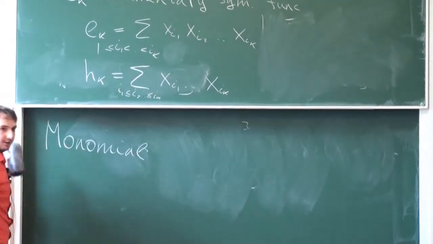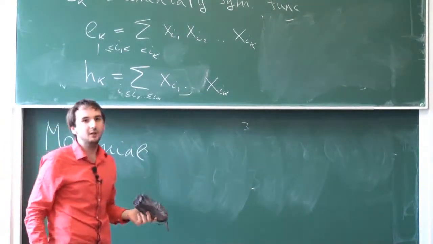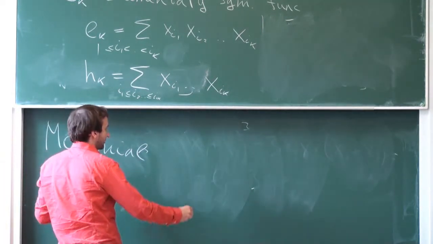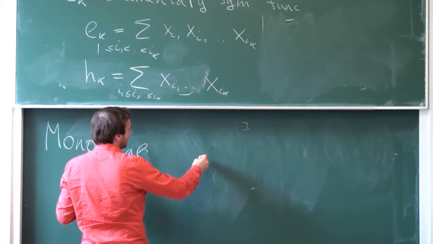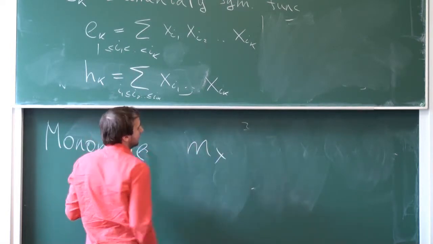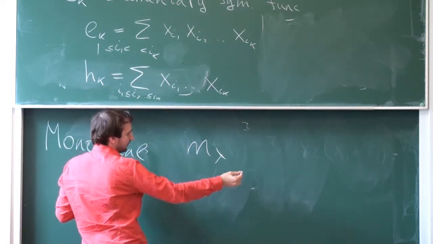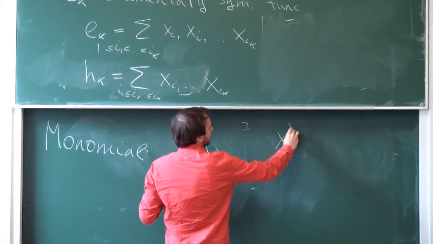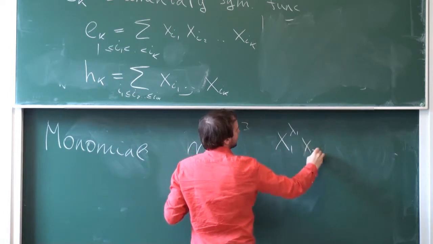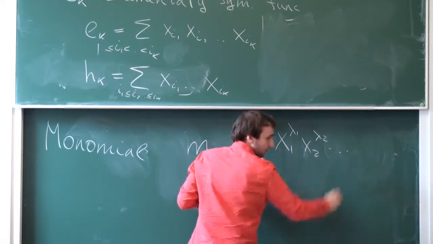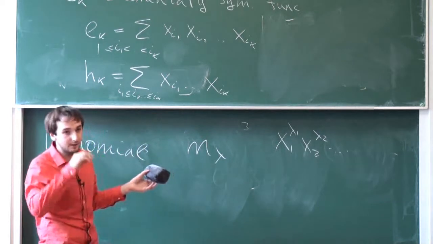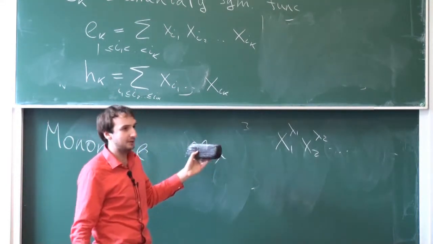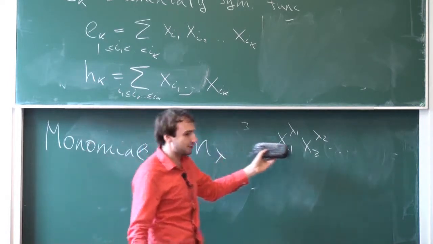Well, this is just an analog of the usual monomial in the theory of usual polynomials, but where you want to make it symmetric, which means the following. So m lambda is the following: you take some monomial x1 to the power lambda 1, x2 to the power lambda 2, and so on, and then you try to find the simplest symmetric polynomial which has this term.